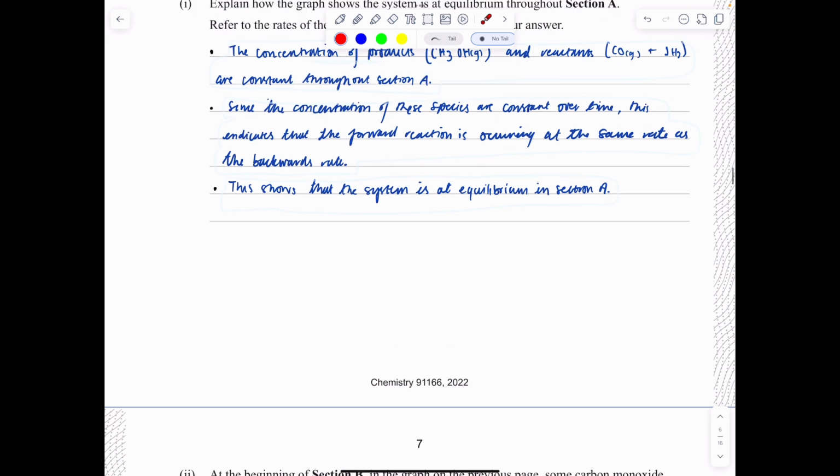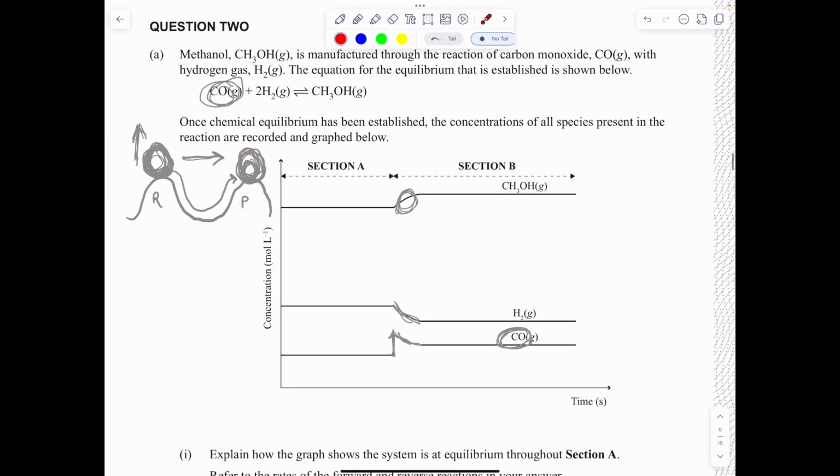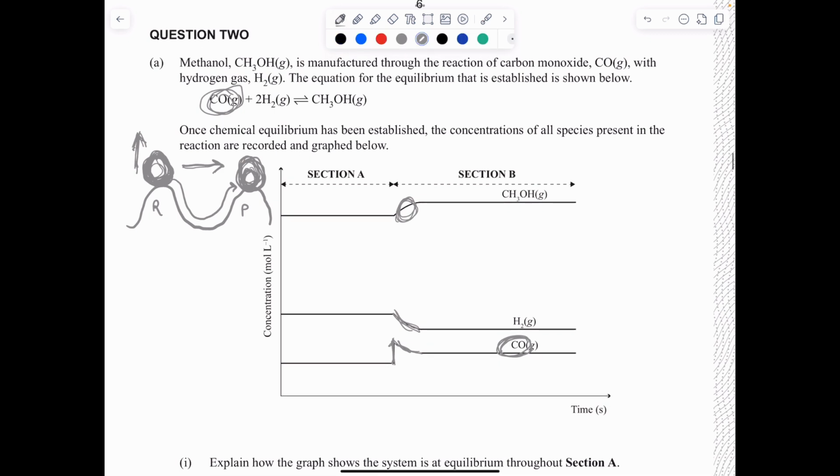So anytime you need help visualizing what happens if you increase or decrease the concentration, think of these hills over here. Which one is the bigger boulder? Which direction is it going to roll in? Similarly, just for learning's sake, if I had a big boulder on the product side, a huge boulder, what direction would equilibrium go in?